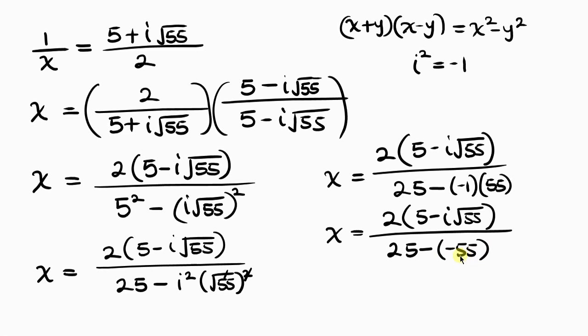Very good. And this becomes x equal to 2 times 5 minus i root 55 all over 25, and this is negative times negative. So when negative multiplies negative, it becomes positive. So we have 25 plus 55. Very good.